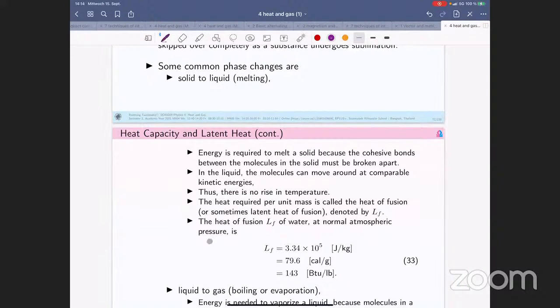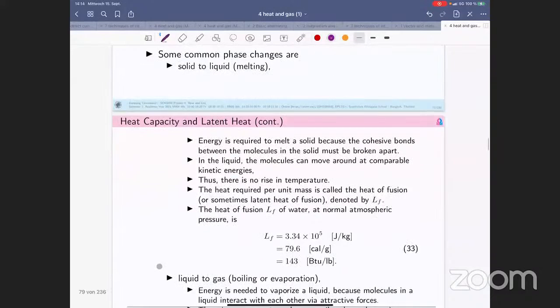If you have more pressure, you're going to have more heat of fusion. LF is measured by some scientists, and it's found that the value is 3.34 times 10 to the 5 joules per kilogram.